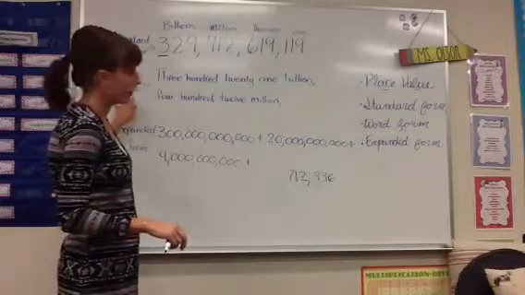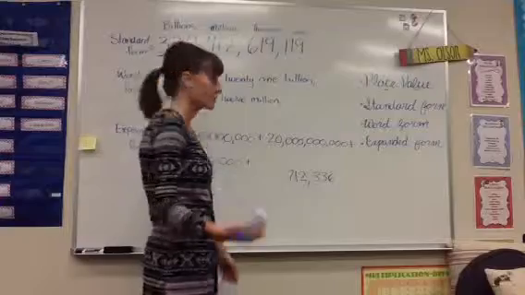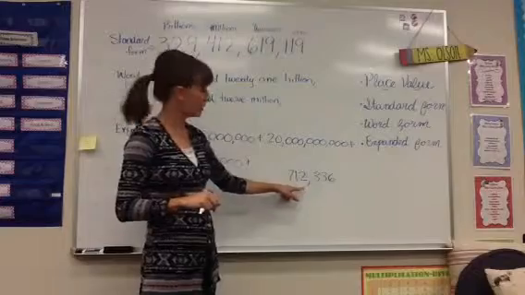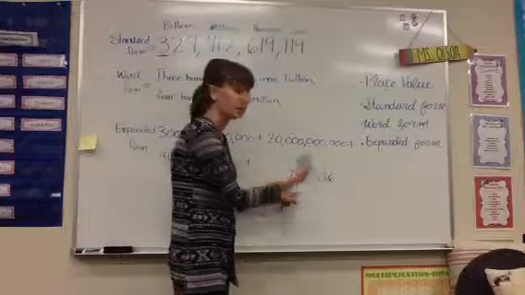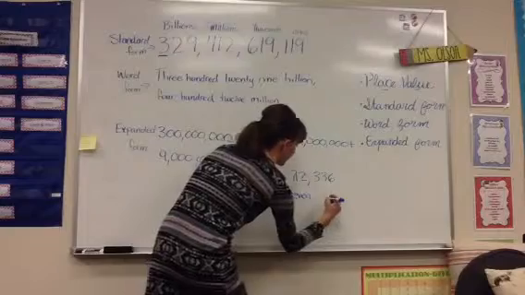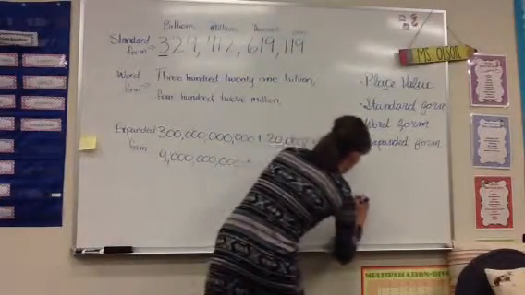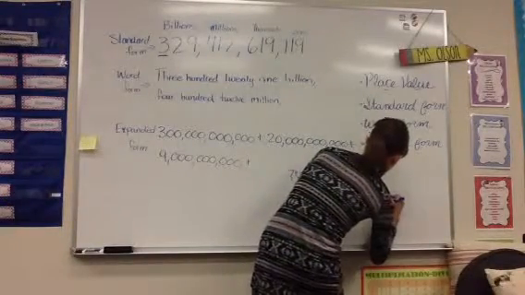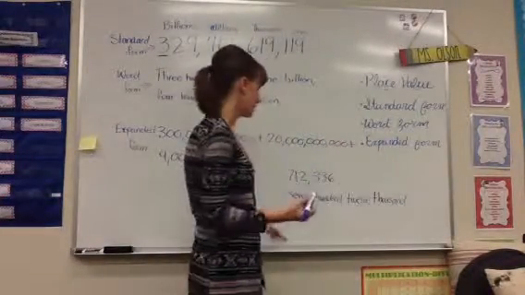For word form, you're going to just say it out loud and write it. 712,000. Remember, you don't say the name of the period until you get to the end of the period, until you reach that comma. 712, then you write the word thousand. Remember, we're doing word form right now.